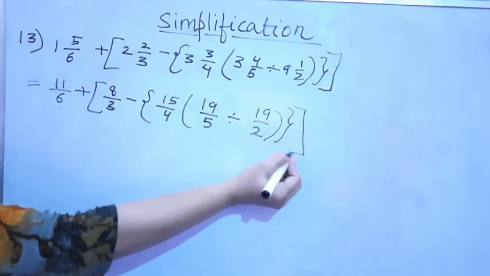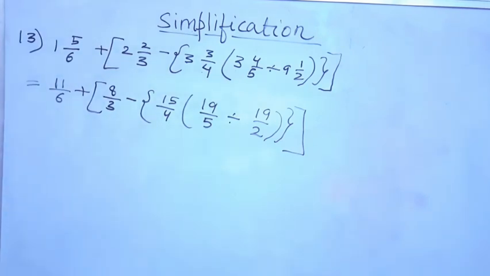Now the brackets closed. So now we have finished the first step. And what was the first step? The first step was to convert all the mixed fractions into improper fractions.